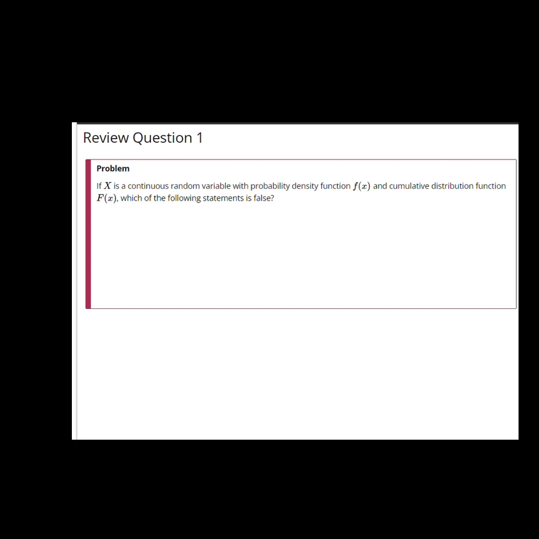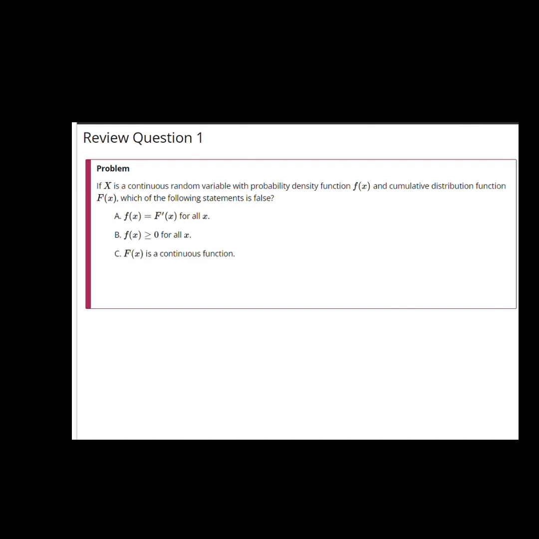Here's a review question. If X is a continuous random variable with probability density function little f of x and cumulative distribution function capital F of x, which of the following statements is false? A. Little f of x equals capital F prime of x for all values of x. B. Capital F of x is greater than or equal to 0 for all x.